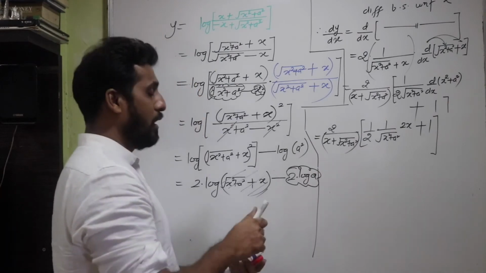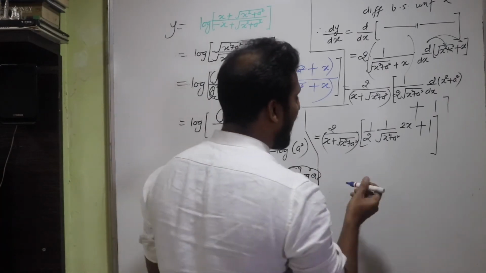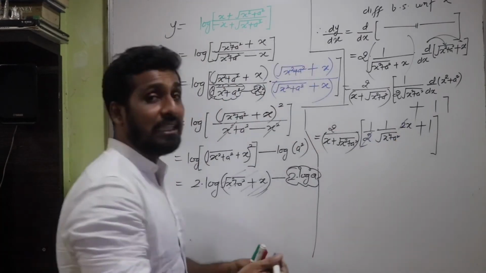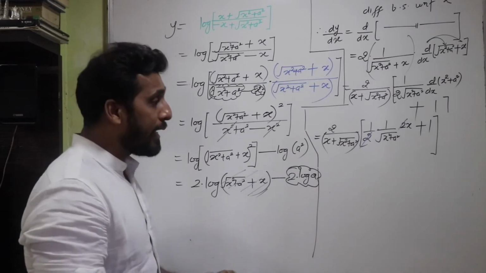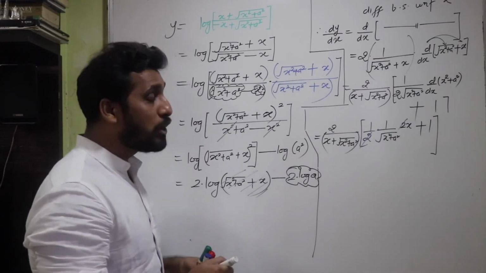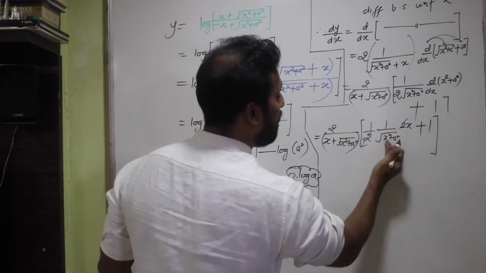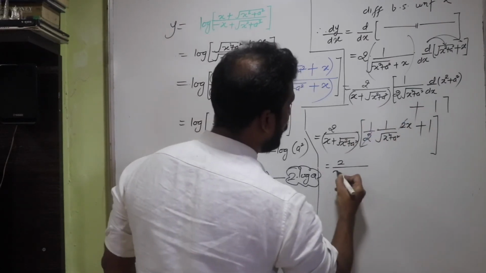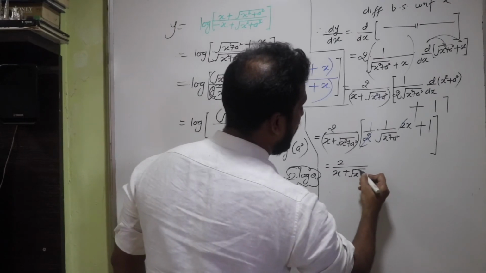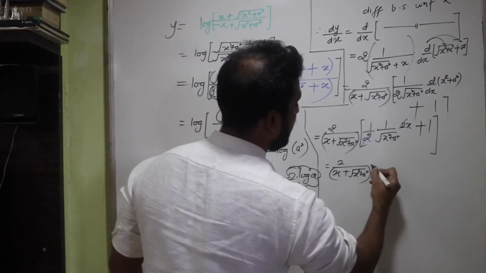So what happens here? Here the 2 and 2 cancel, this 2 and 2 cancel, isn't it? The 2 that has been cancelled, you need to take a look which 2 has been cancelled. Now things left inside the bracket can be cross multiplied, so I get my answer as 2 upon x plus root of x square plus a square.